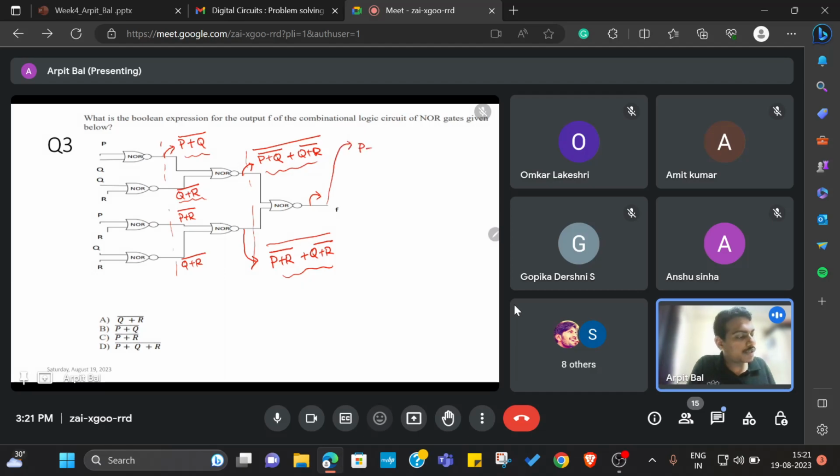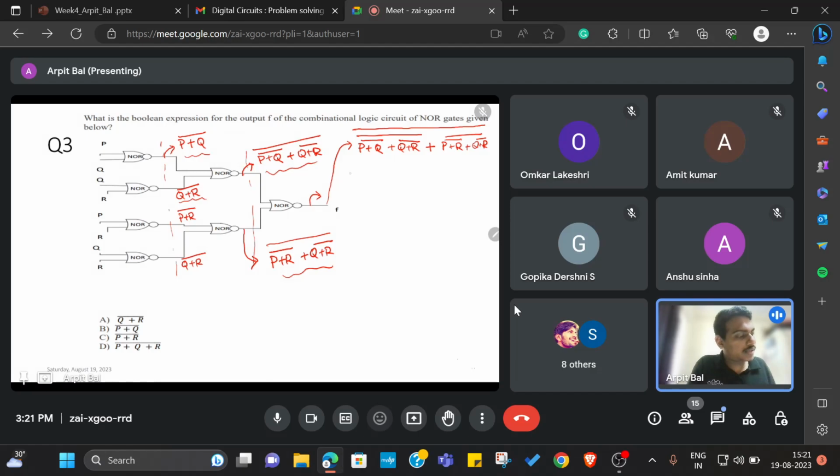So we have ((p + q)' + (q + r)')' + ((p + r)' + (q + r)')', and then because we are using a NOR gate, there will be an overall bar over the entire expression.